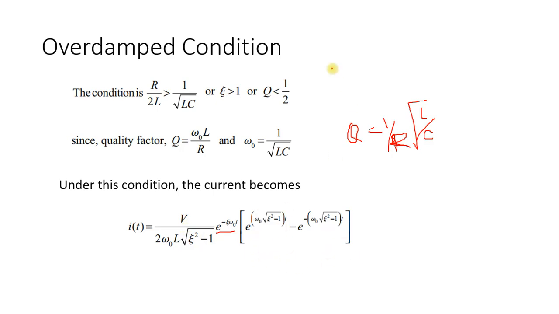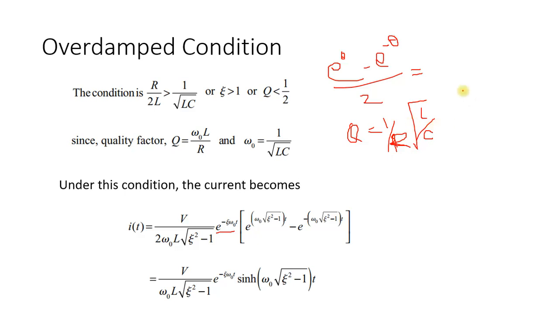This is in the format of e power x minus e power minus x. Here 2 is present, so I take this 2 inside. So e power x minus e power minus x divided by 2 is replaced by sinh x. Therefore it is replaced by sinh x, where instead of x the value present is omega naught into square root of zeta square minus 1 into t, so this term is present here.